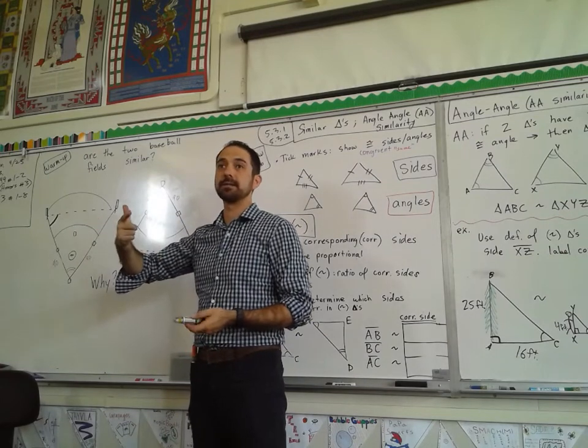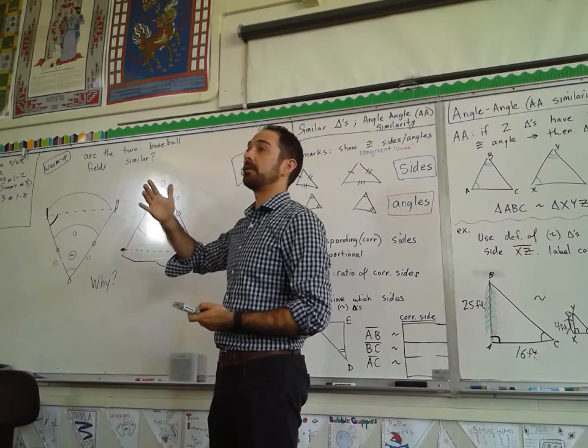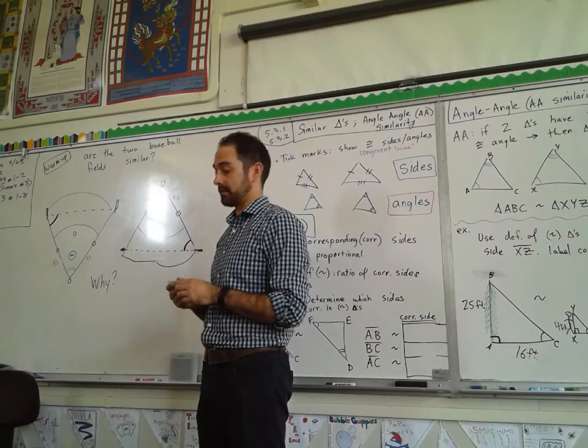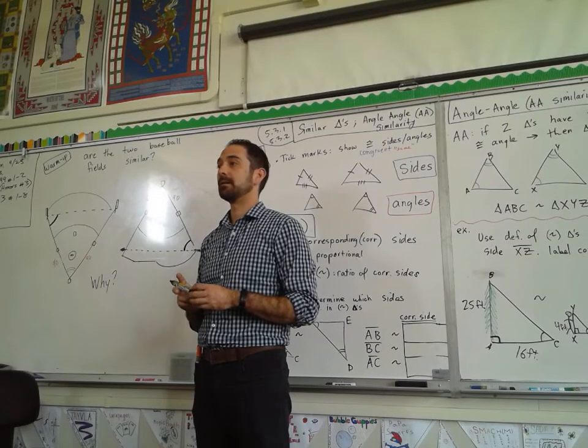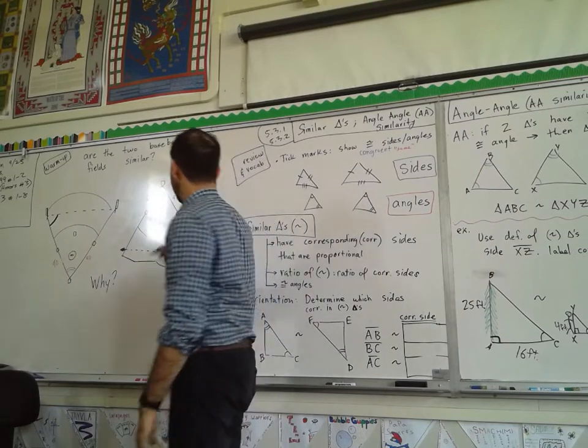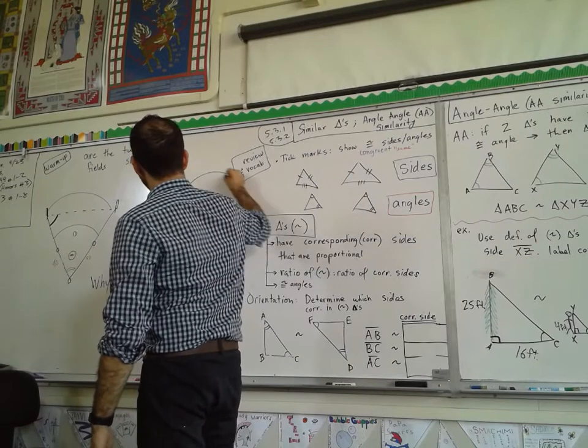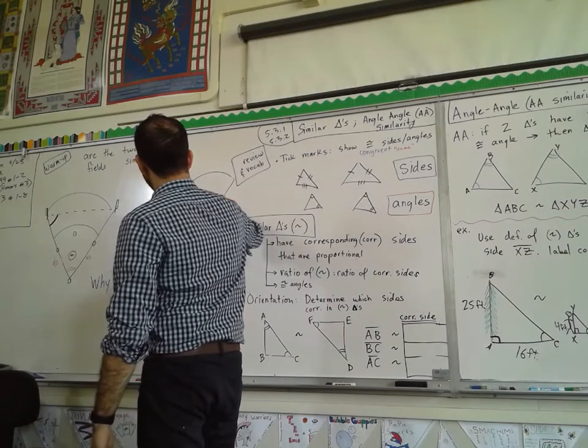What baseball field has a smaller field? Where do you see a smaller field? Softball, what else? Little League. Okay, so Little League, maybe their field is more like this, and their bases are closer together.